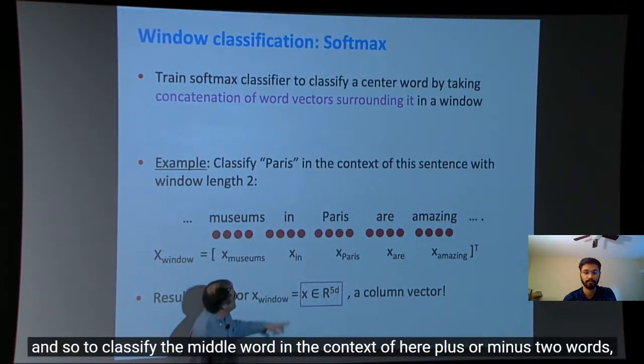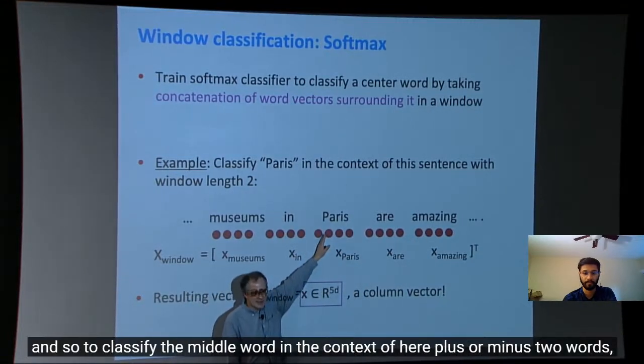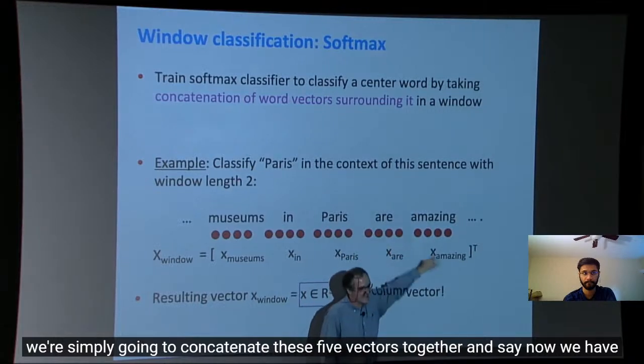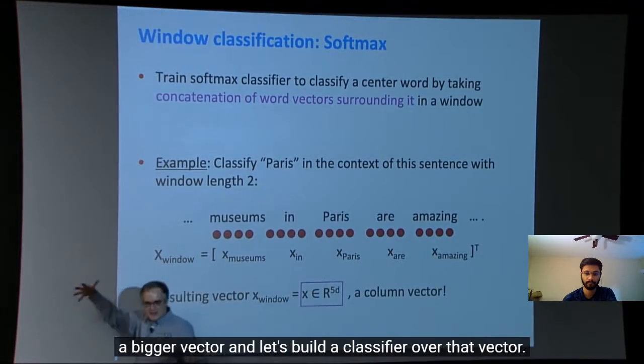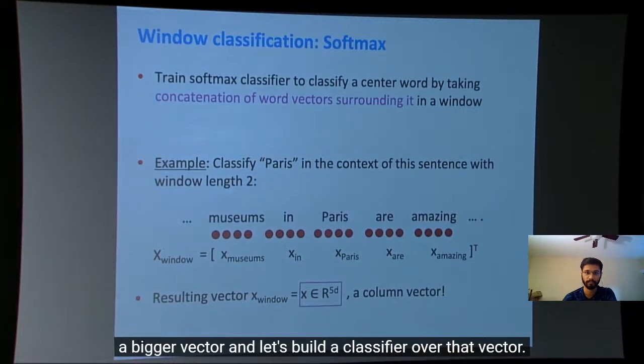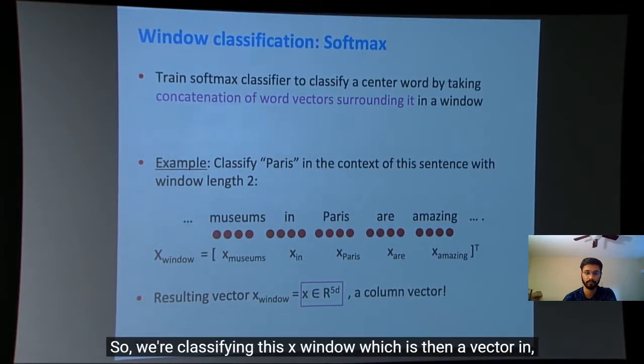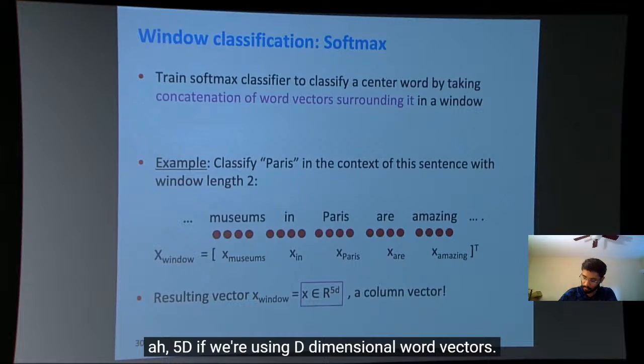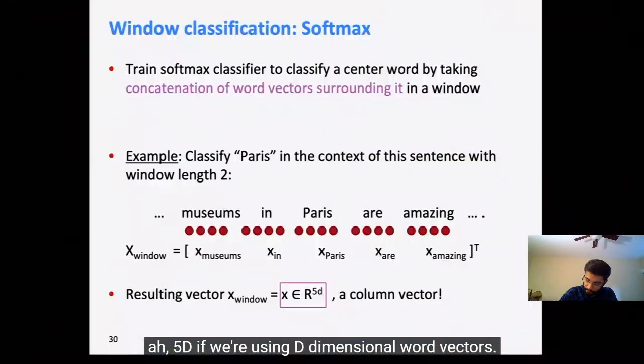And so to classify the middle word in a context of here plus or minus 2 words, we're simply going to concatenate these 5 vectors together and say now we have a bigger vector, and let's build a classifier over that vector. So we're classifying this X window, which is then a vector in R^5d if we're using d-dimensional word vectors.